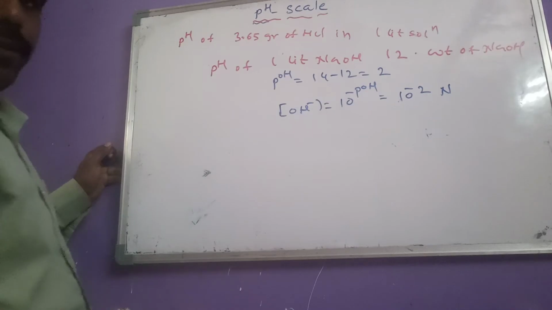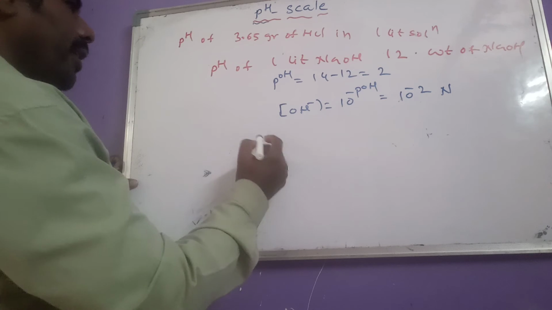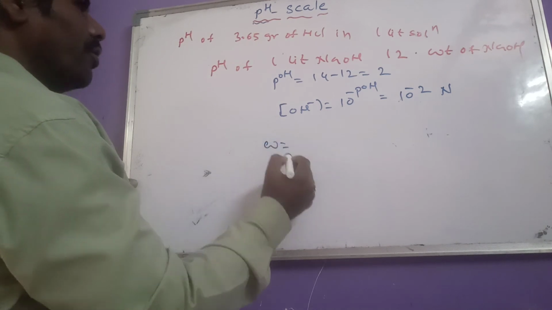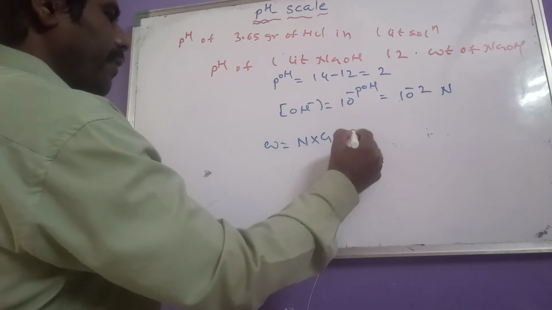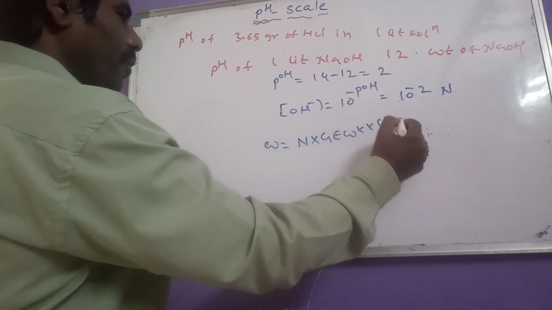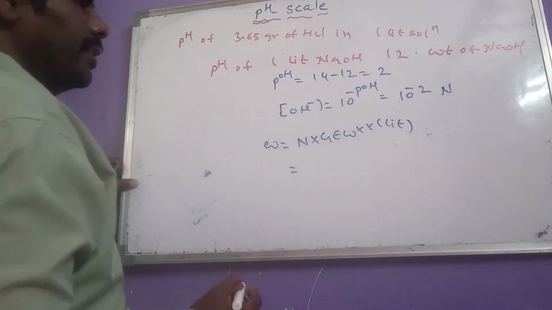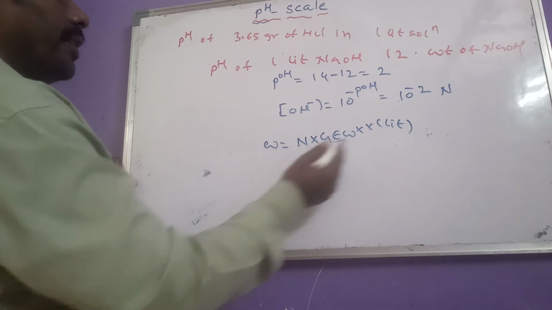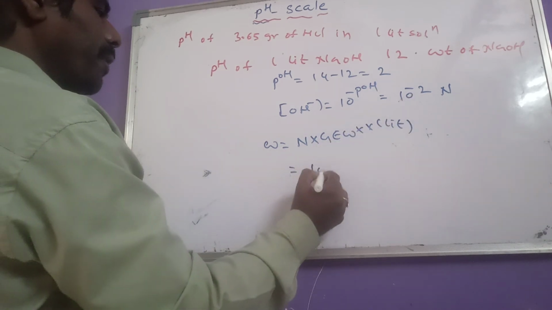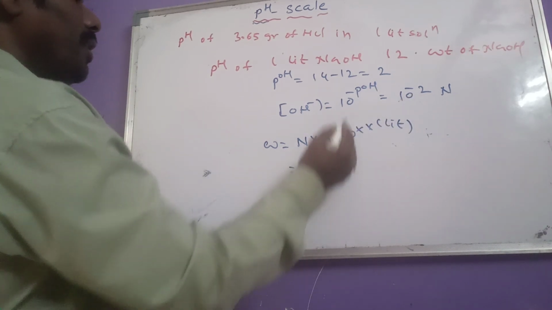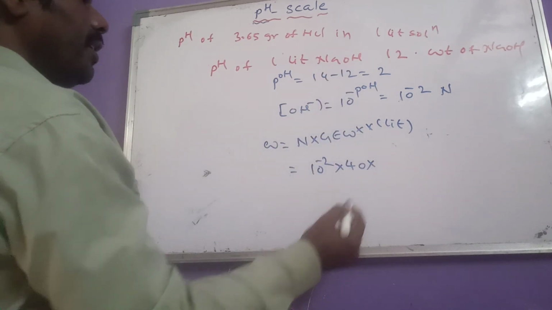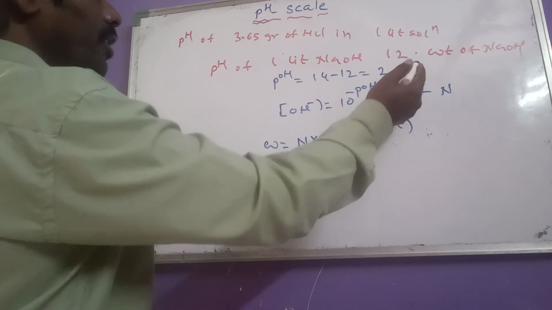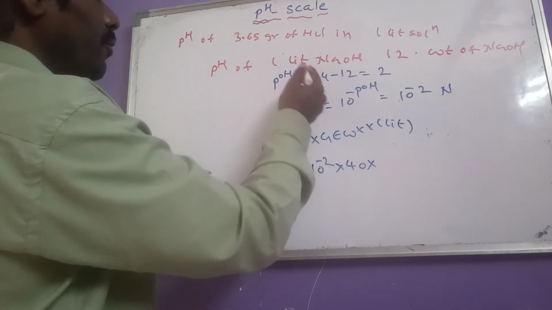So we obtained the normality. Therefore, weight equals normality into gram equivalent weight into volume of solution in liters. Normality we got is 10 power minus 2, into gram equivalent weight of NaOH, which is 40, into volume, given as 1 liter.